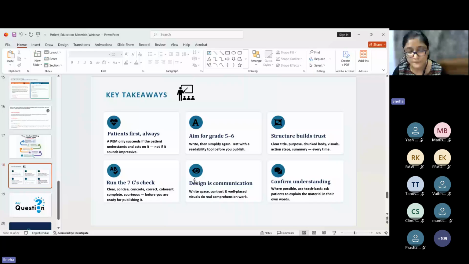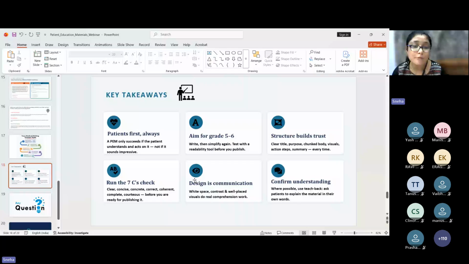You may use bombastic words, a lot of medical jargon, decorate it, and put in a lot of effort and content, but if the patient does not understand it at all, this jeopardizes all your effort. So patient education material will only succeed if the patient understands it and acts on it. There has to be a proper call to action.